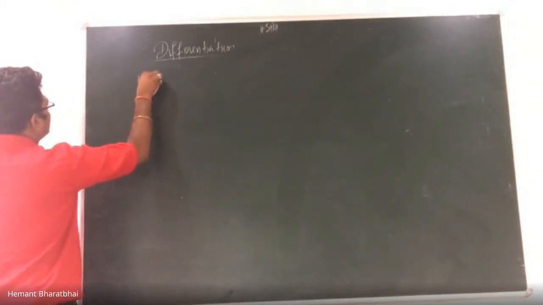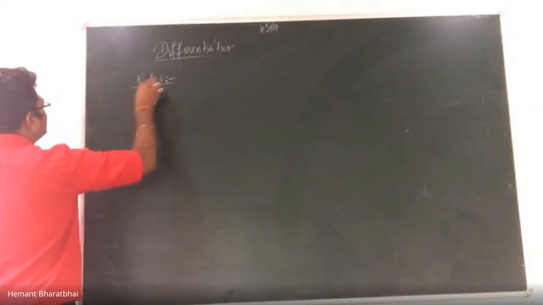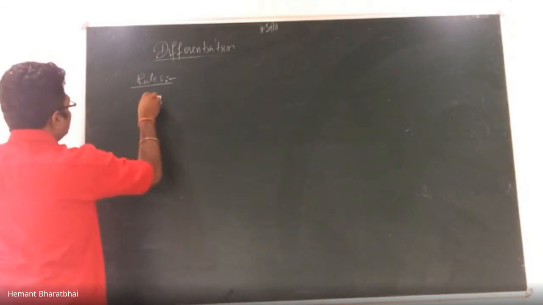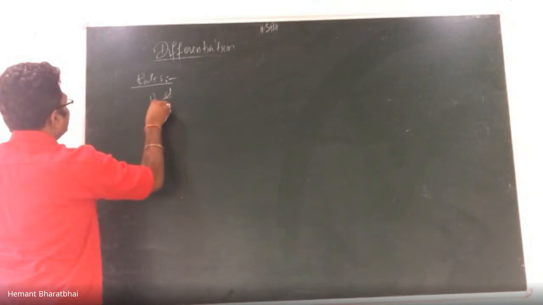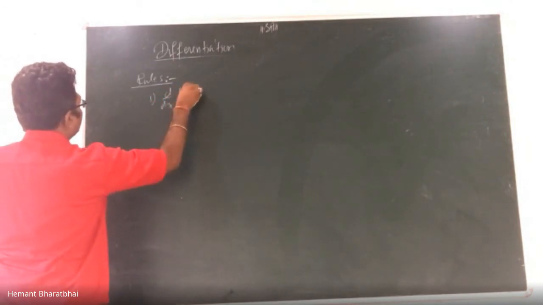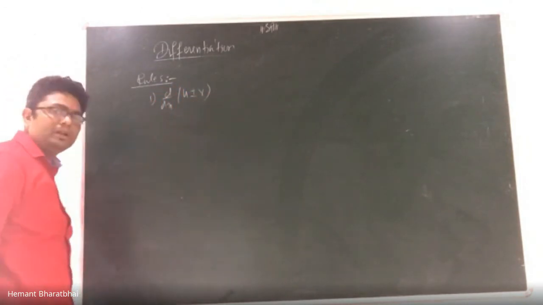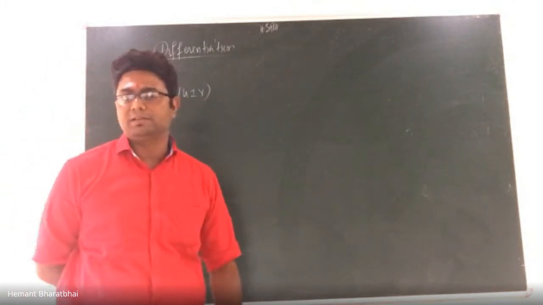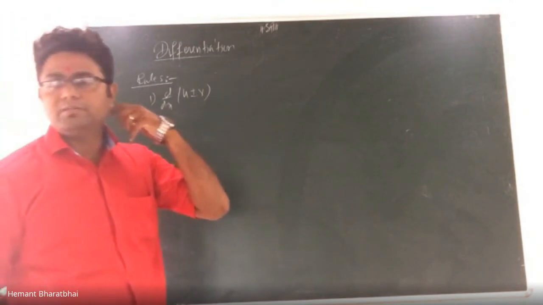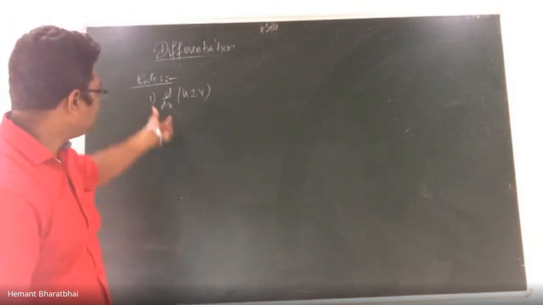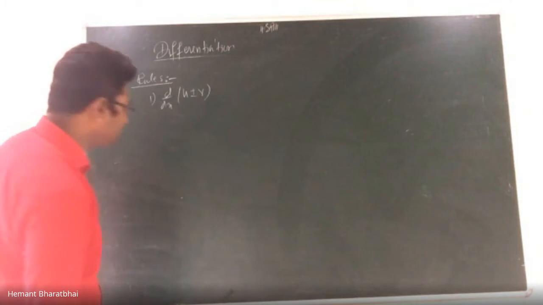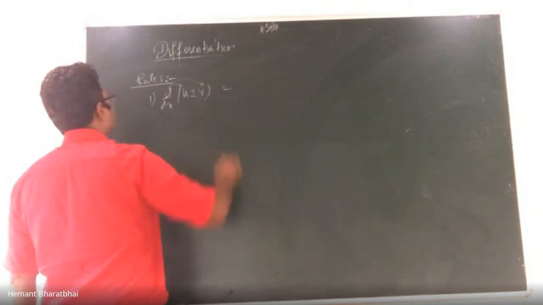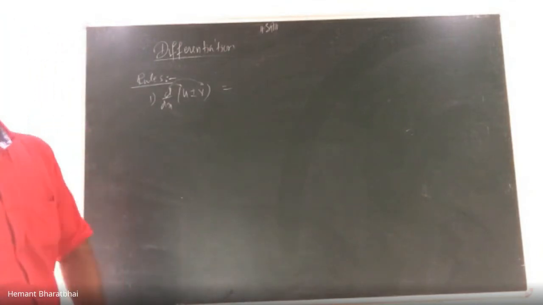Let's see some rules also. One we call the u plus minus v rule. It says that if I want to take the derivative of two different functions, where u and v are functions of x, and I am taking the derivative with respect to x, and these two functions are in addition or subtraction, then I can give this operator d by dx.